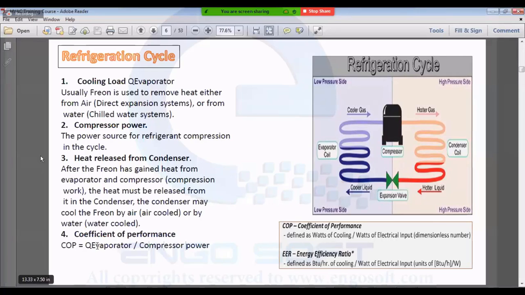The compressor power is what I pay for, while what I gain is the Q evaporator. So if I increase the gain and decrease the amount of money I pay, this is going to be more efficient for me, right?